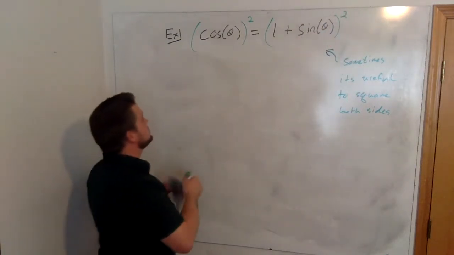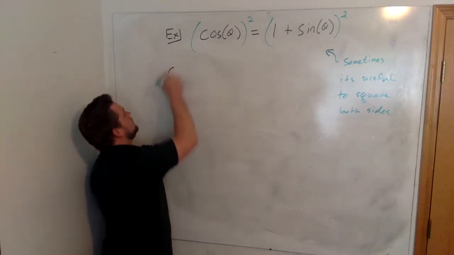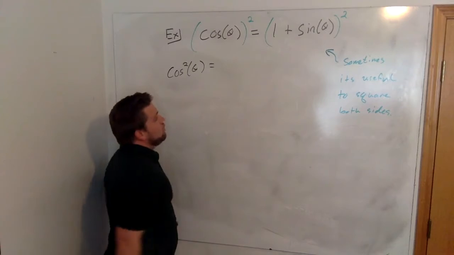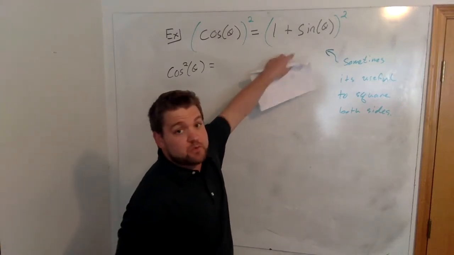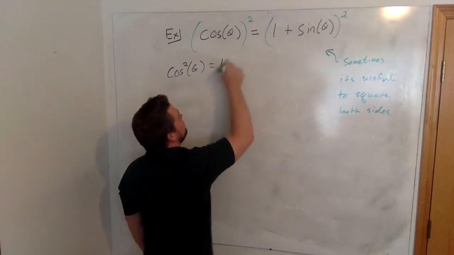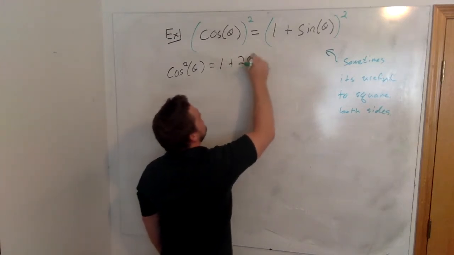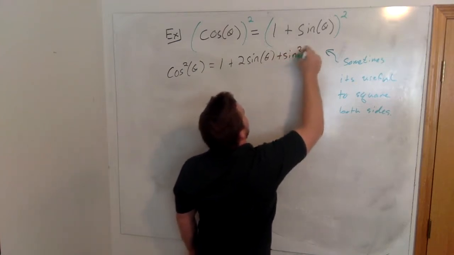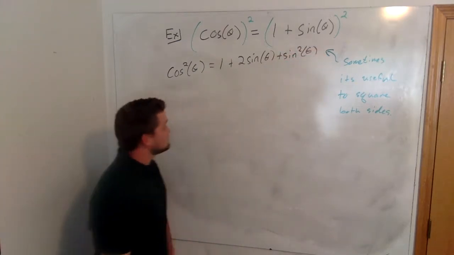Okay. So on the left, we'll just get a cosine squared. And now what we're gonna do is FOIL out the right-hand side. So if we FOIL this out, I think we're going to get a 1 plus 2 sine of theta plus a sine squared of theta.